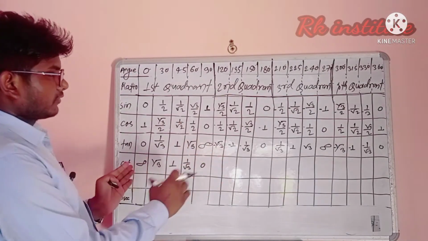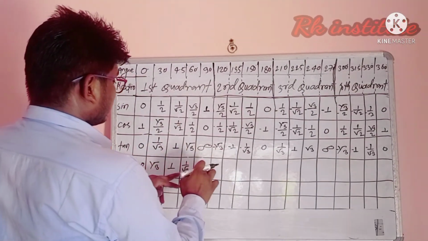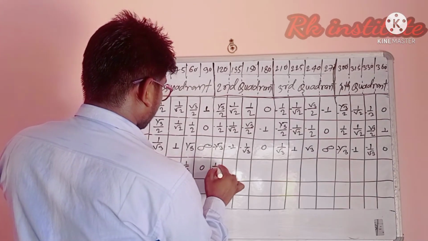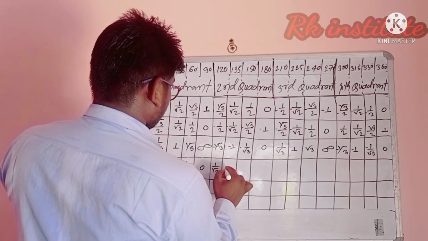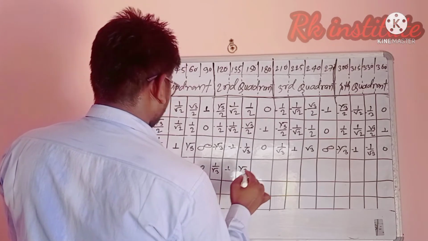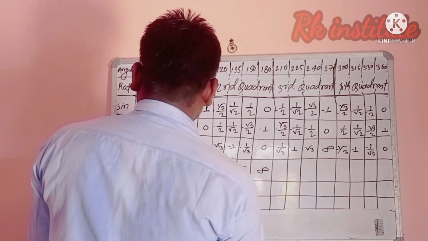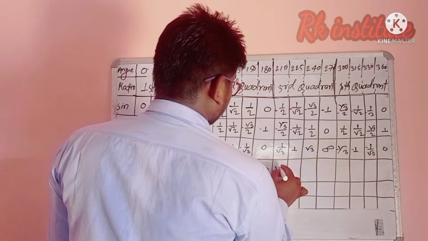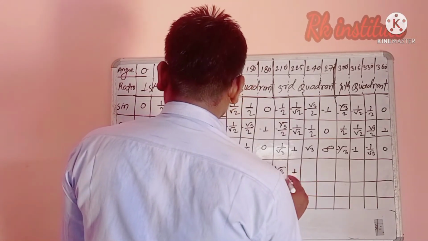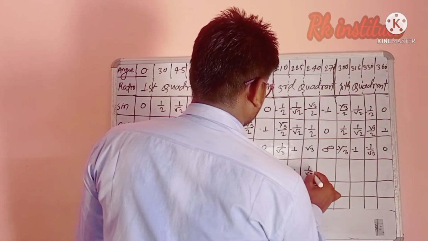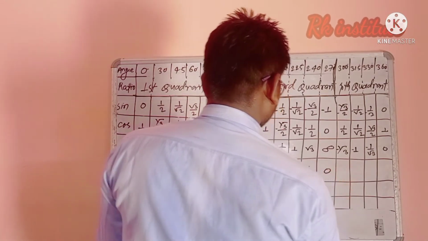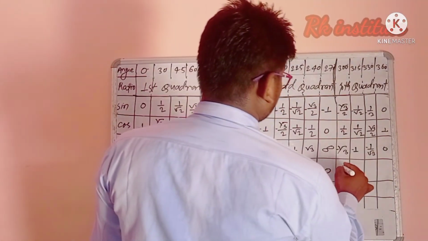And again you follow this step: root 3, 1, and the end point is 0, so we start from here. 1 by root 3, 1, root 3, and infinite is the end point, so we start from here. Root 3, 1 by root 3, 0, so 0 is the end point, so from here.